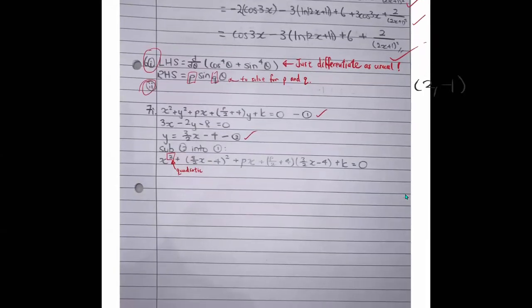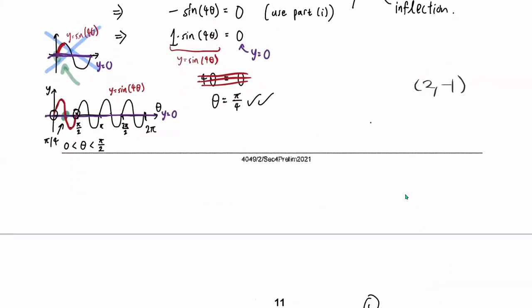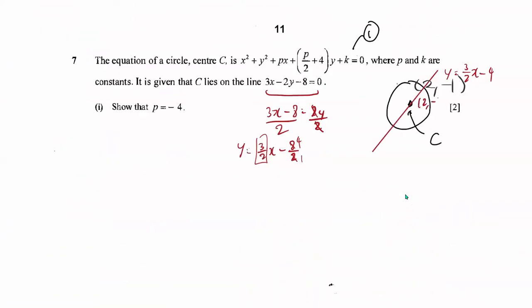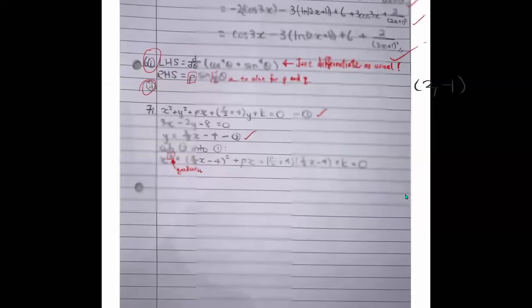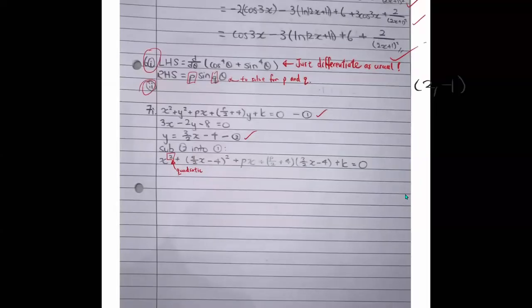Let me record this down on the sheet. This is 2 comma -1. The equation is x minus 2 bracket squared plus y minus -1, which is plus 1, squared, equals some ratio. In this case, your working was already correct. Let me double check again.